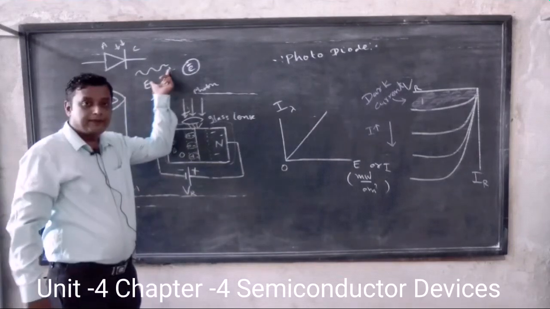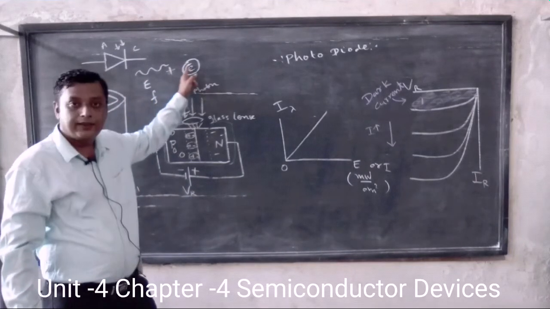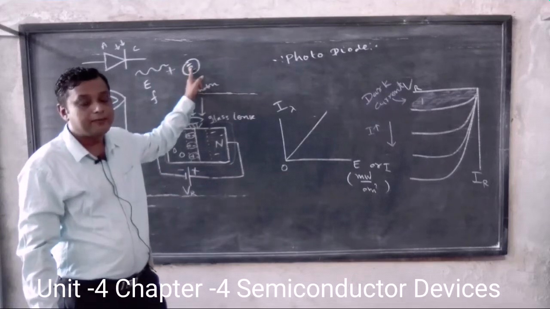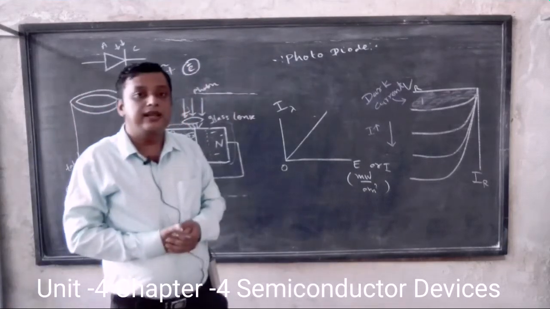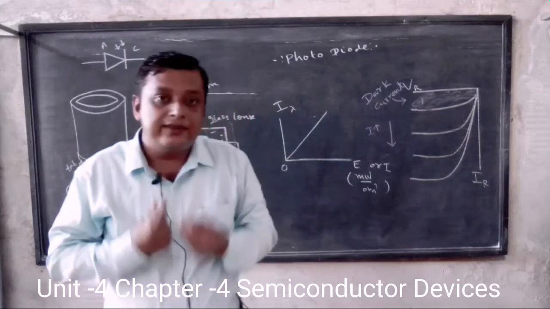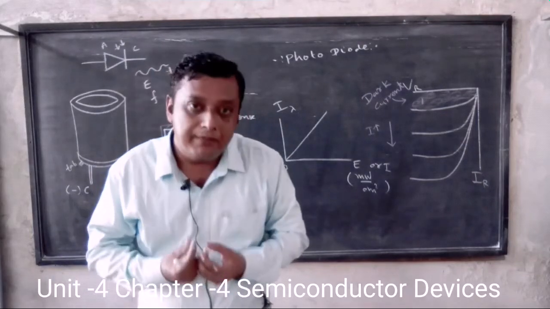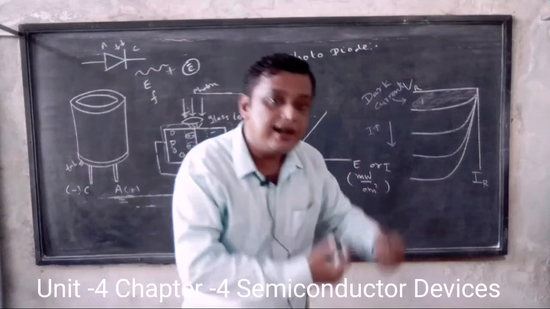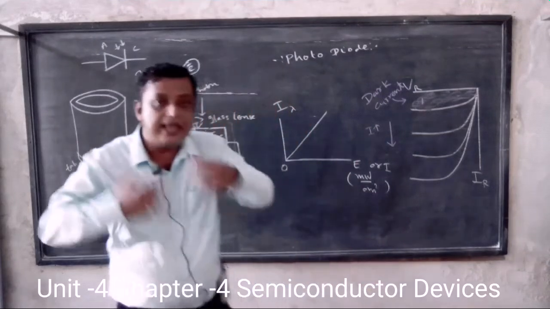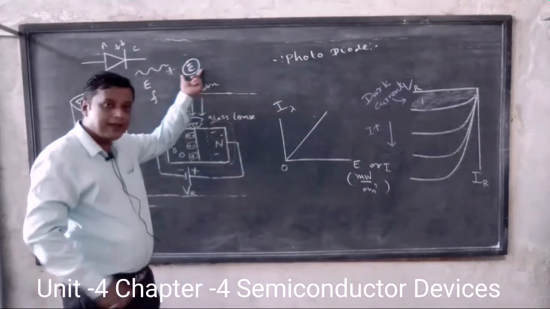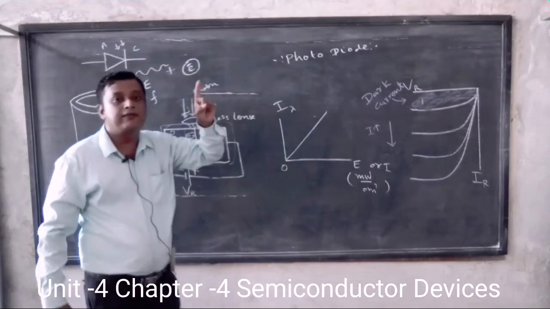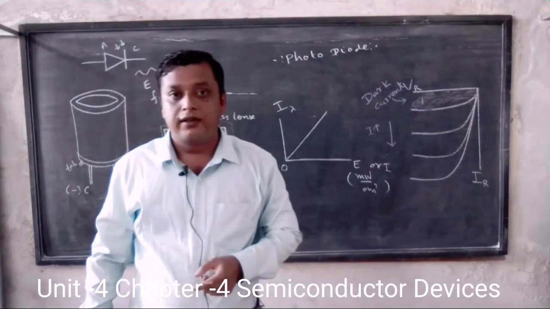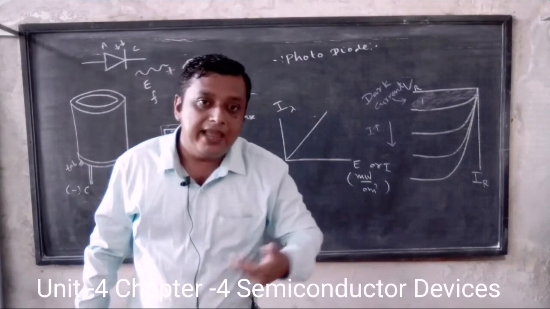So what happens? This is a bound electron. Why is this a bound electron? Because this electron is not able to move from one place to another place within the material. So this is a bound electron, and we know that bound electrons always remain available in a valence band.